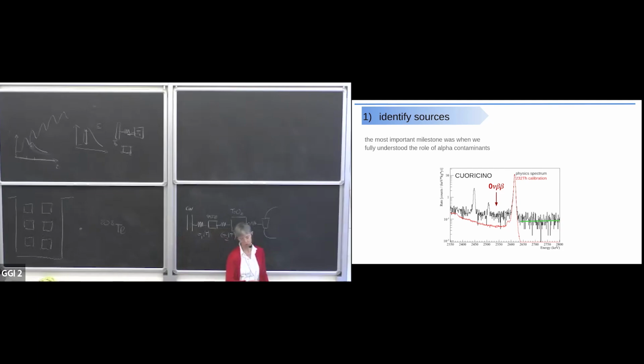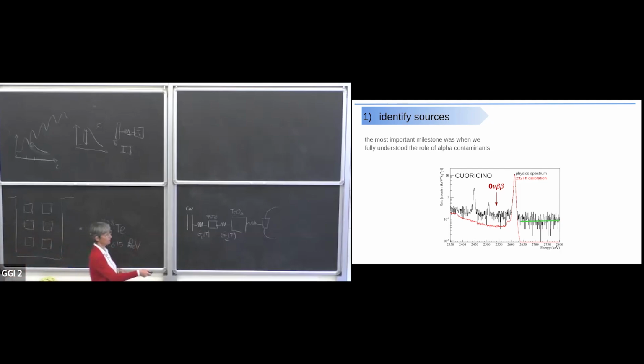At this energy, the only contribution to this spectrum from the calibration source comes from this isotope with a gamma line that has this energy. And this is one of the lines that we use to calibrate the spectrum.